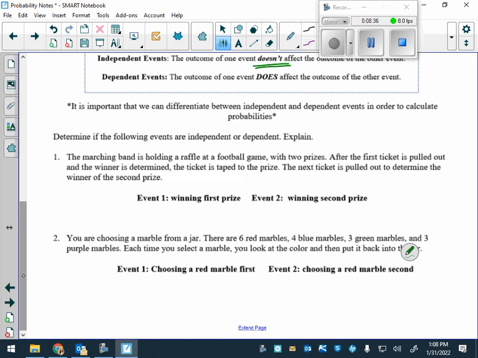Would this be independent or dependent? Do you know? Why? Perfect. It's dependent because after someone wins the first, they're already taken out in order to win the second. They can't win the second.